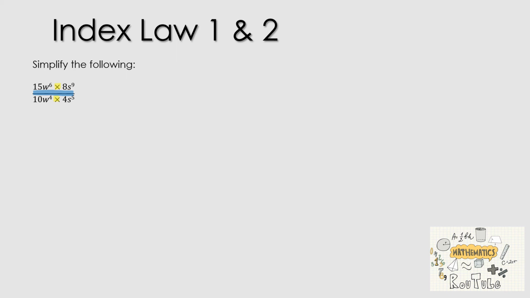The best thing to do when you get a question like this is to separate it into two parts. We're going to deal with the top part of the fraction first, everything where the numerator normally is, and then we'll leave the denominator, the bottom part of the fraction, for now, and bring that in in a second.